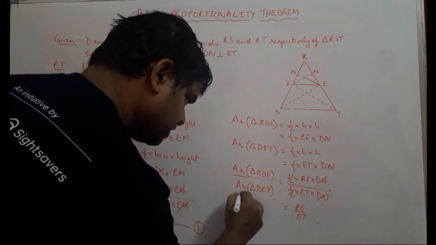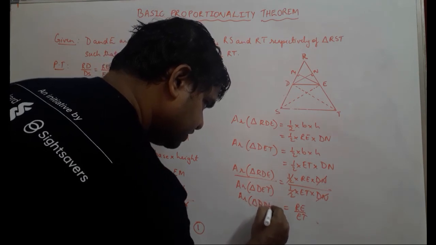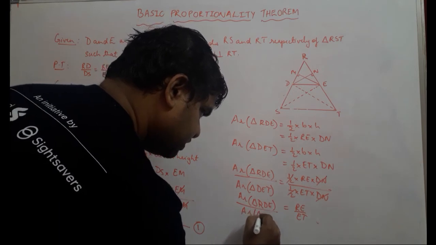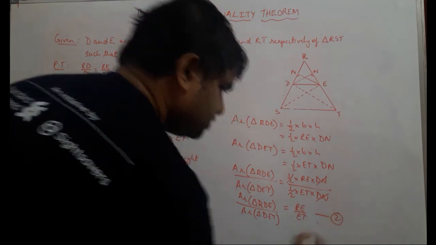We will write this back again: area of triangle RDE upon area of triangle DET is equal to RE upon ET. We mark this as 2.